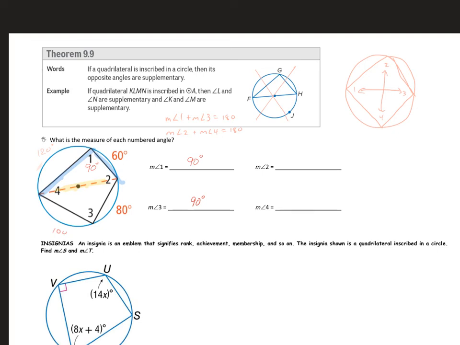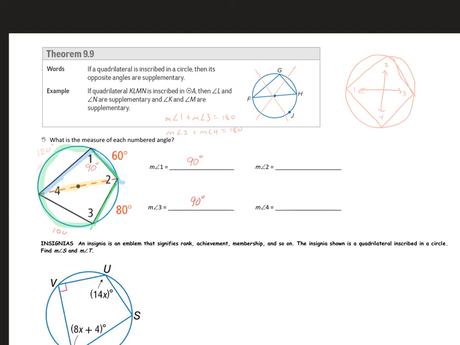Now, the reason why I went in and found out these arcs is because right here is angle 2. And we know that angle 2 is half the measure of this intercepted arc. So it goes from here to here. So what is half of 220?